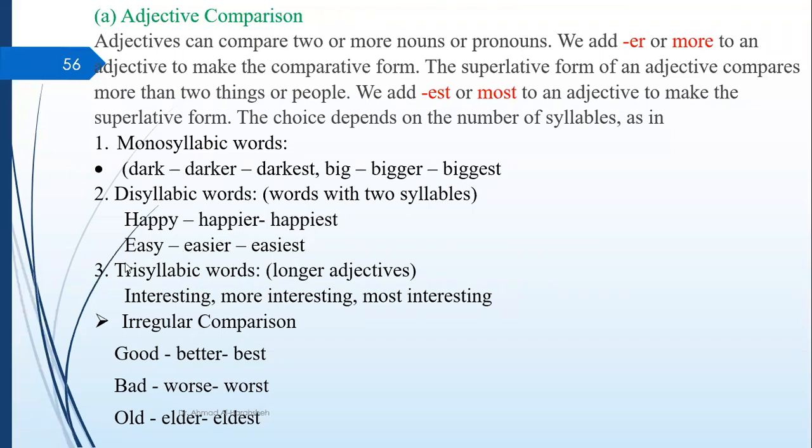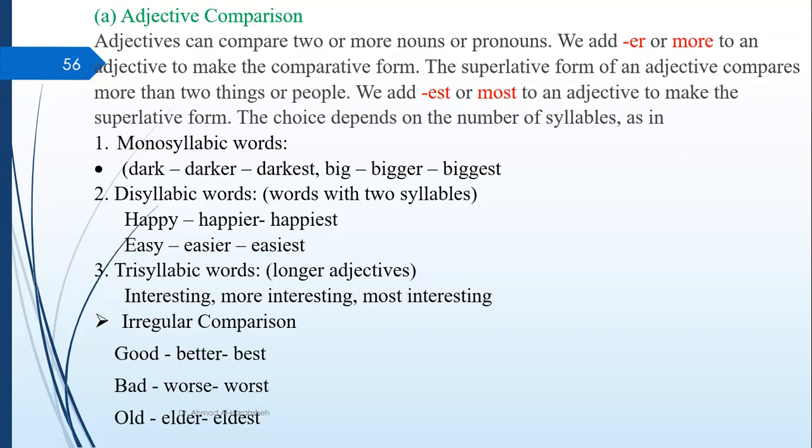Now, number 3, we have trisyllabic words, which are words that consist of 3 syllables or more. Longer adjectives such as interesting, expensive, for example.